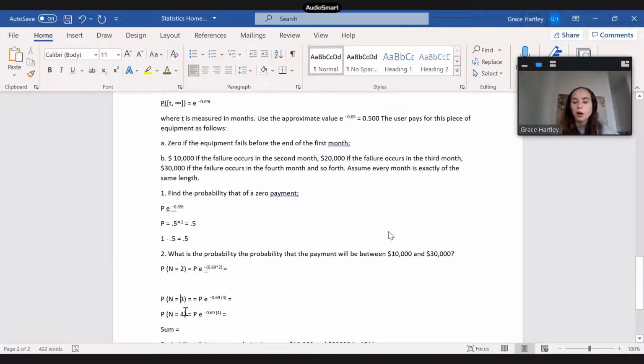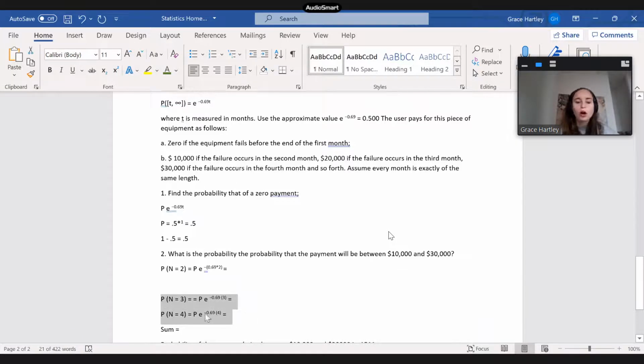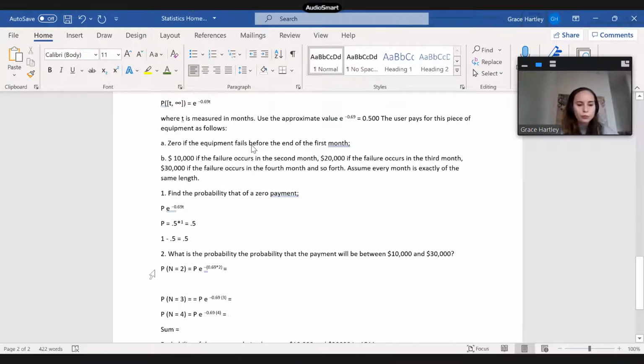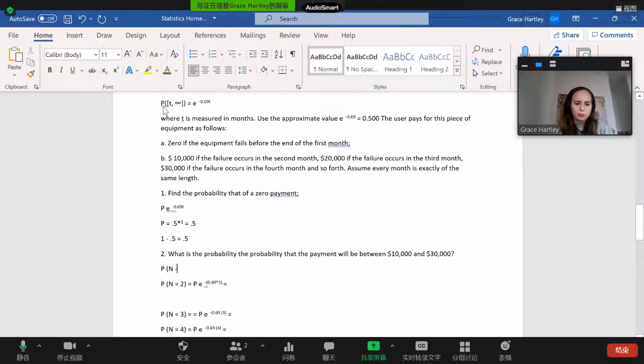Oh Jesus! I never would have gotten this. So you're going to calculate the probability from 1 to 3, right? Oh, because you don't have the formula. So now you need to utilize that formula as much as possible, the one at the very top of your screen.